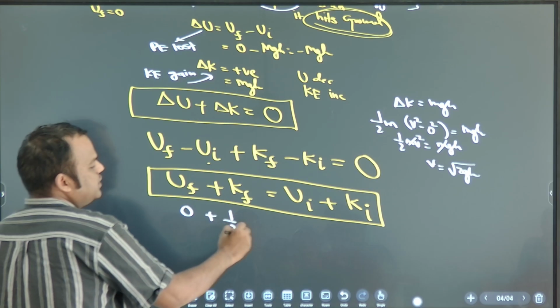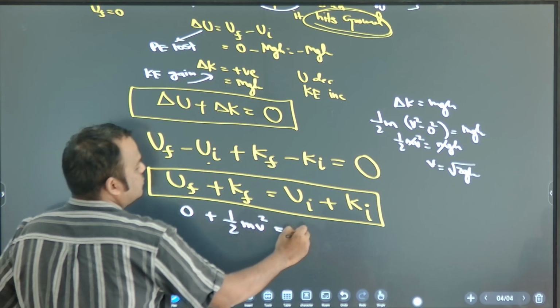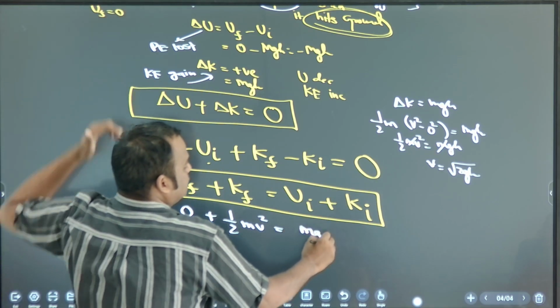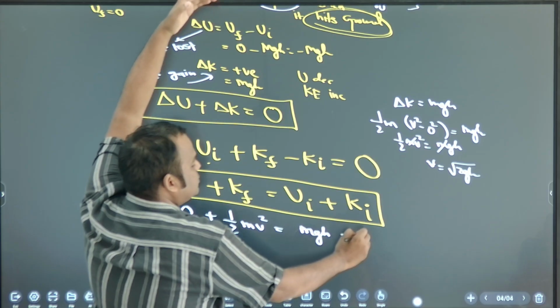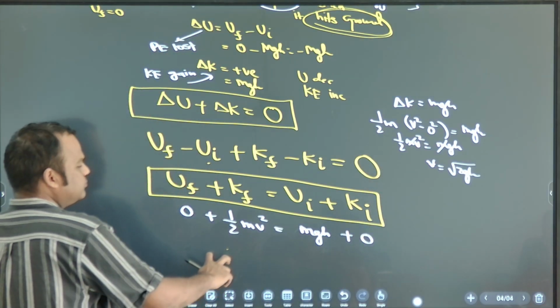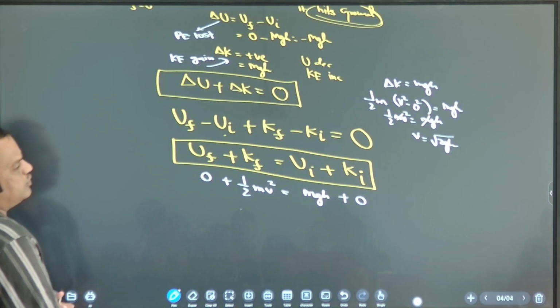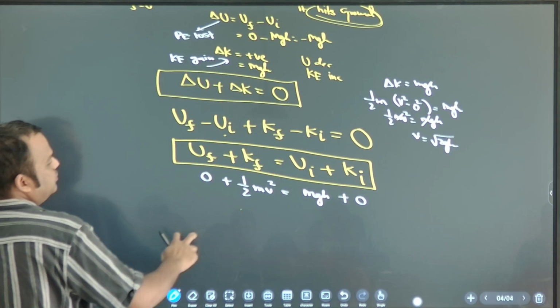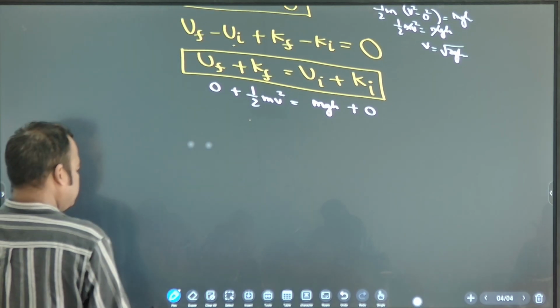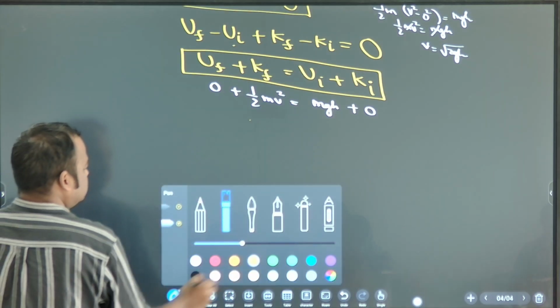Kinetic energy is half mv square. What is U initial at height h? mgh. Initially at rest, what is kinetic energy? 0. So you can solve it. Clear? Note down. Half mv square is equal to mgh.